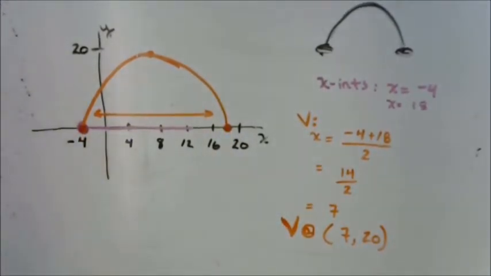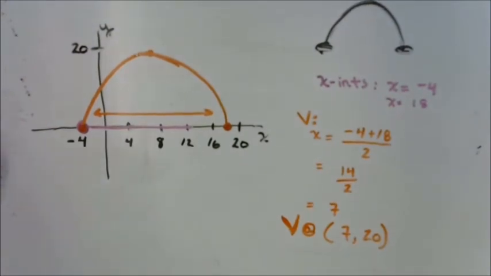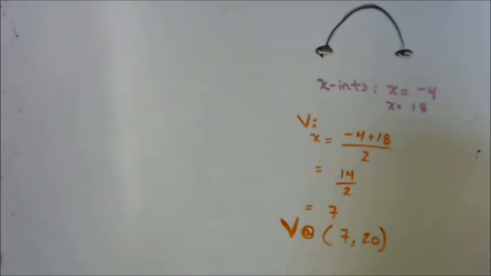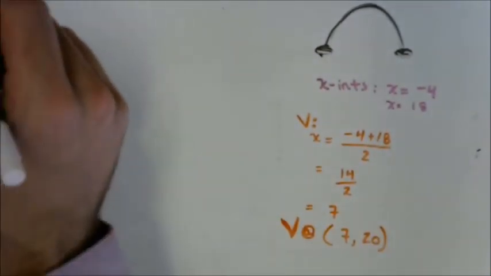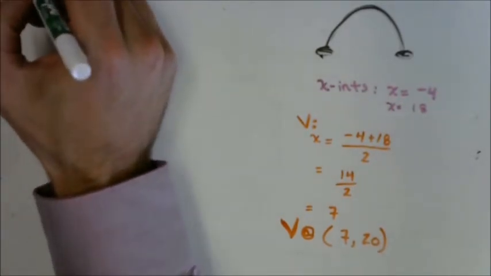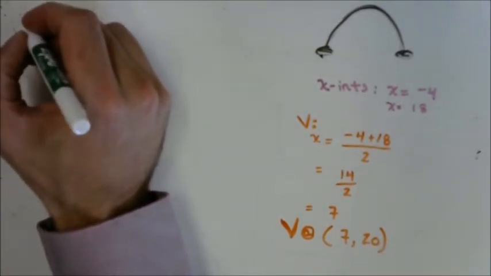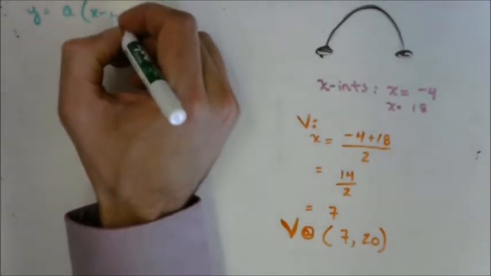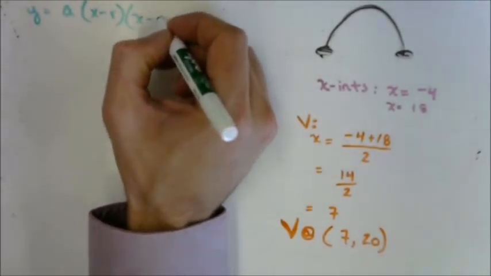Good question. Okay, B. We need to determine an equation to model the arch. So you guys have all that information there. I am going to erase this side because I only need the stuff on this side to help me. Well, we know that our standard equation in factored form is y equals a(x minus r)(x minus s).